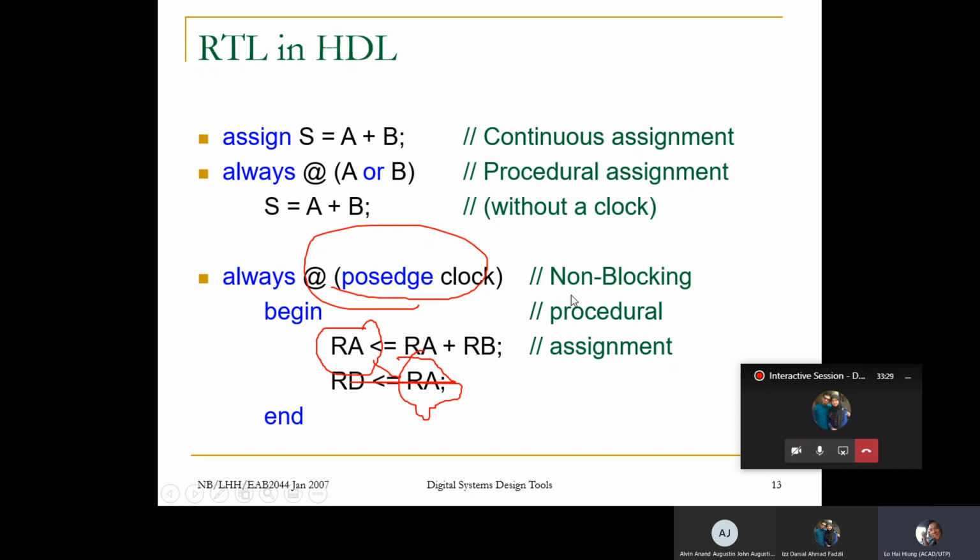All right. So just want to explain my thought: RB is the input and RA is the output, and we are assigning this output to RA, and only when the clock triggers, RA will become the output, correct? Yes.